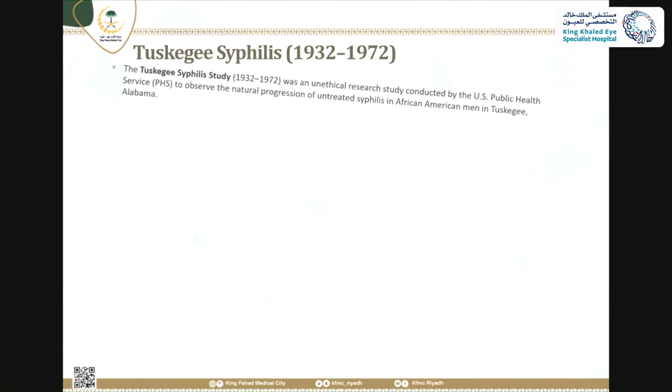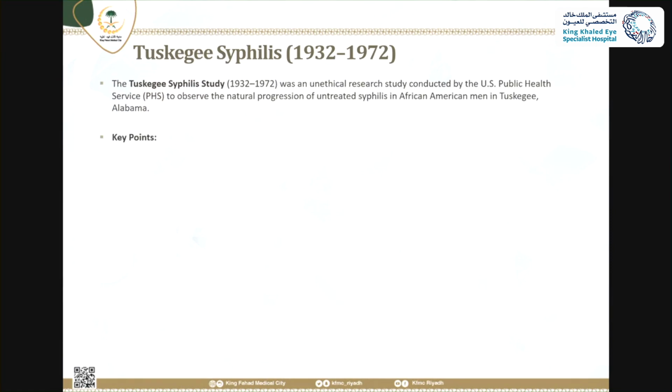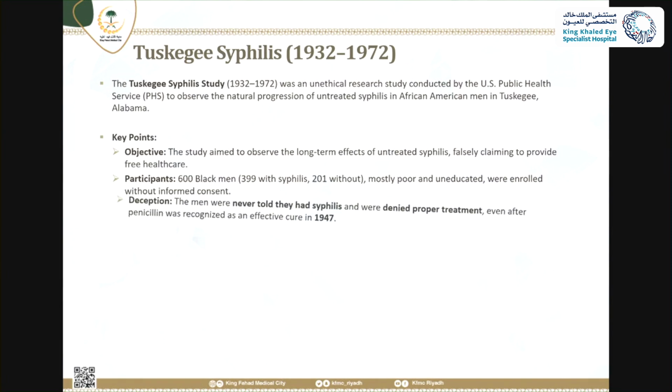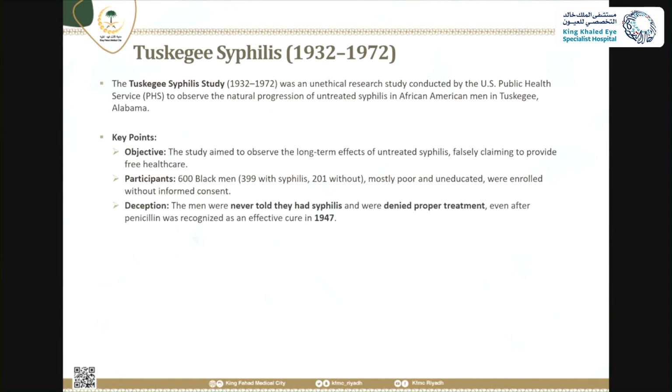The Tuskegee one, I believe this is also a big scandal that came up by the Americans. This is not a clinical trial, but a clinical experiment where the Public Health Service in the United States injected African Americans with blood infected with syphilis.